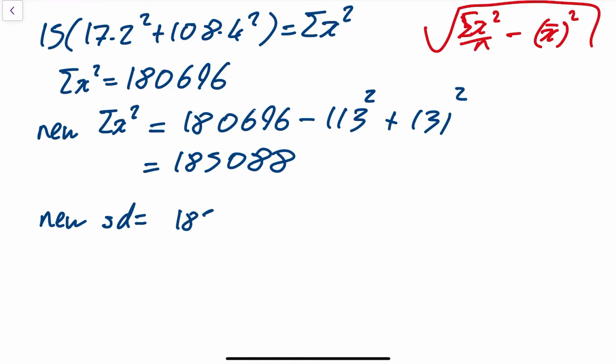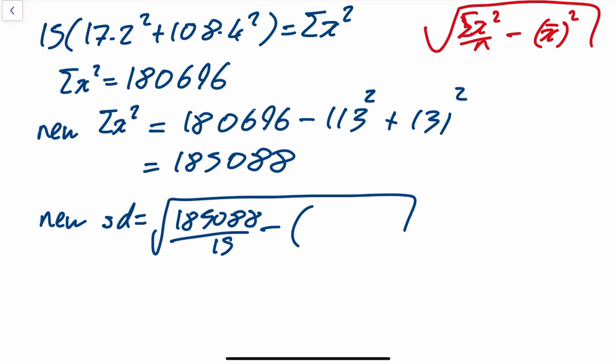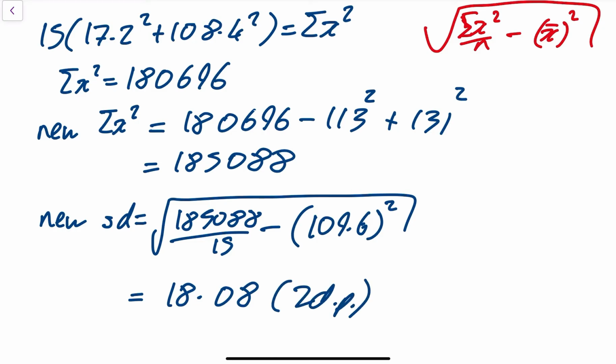So it is 185088 over 15, and then minus my new mean, the one we worked out in the previous part, squared. File that into your calculator, and 18.08 to 2 decimal places is your answer.